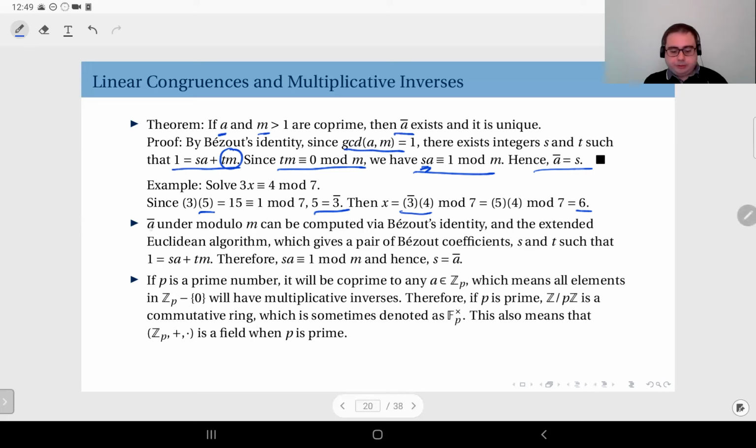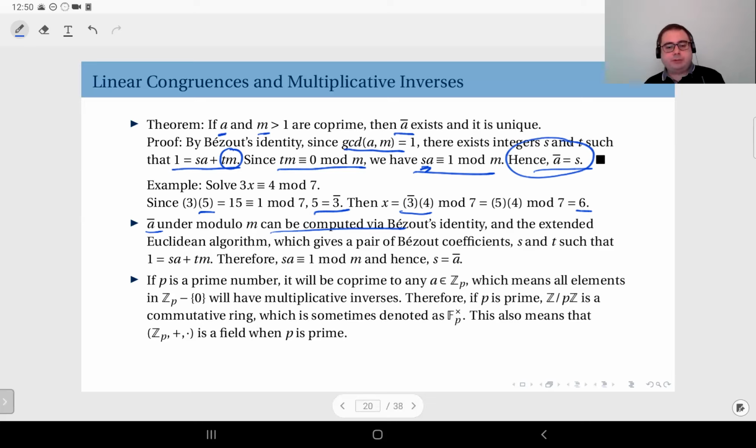But you see, the multiplicative inverse of A modulo M can be computed via Bezout's identity, because we have seen in this proof that one of the Bezout coefficients is the multiplicative inverse of A.